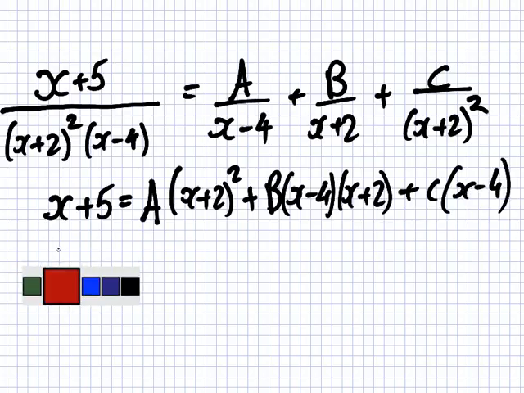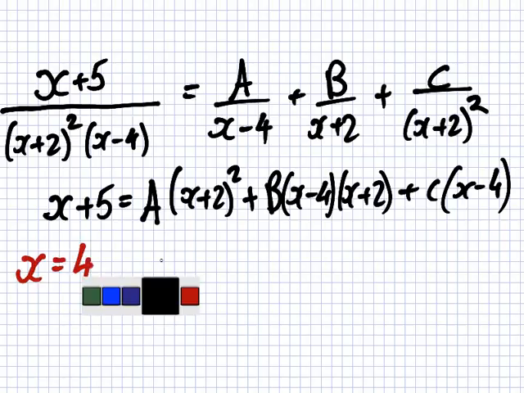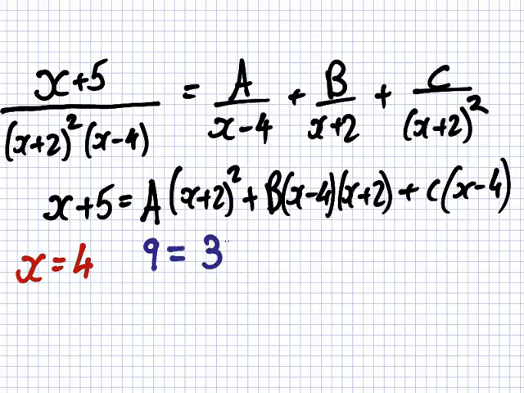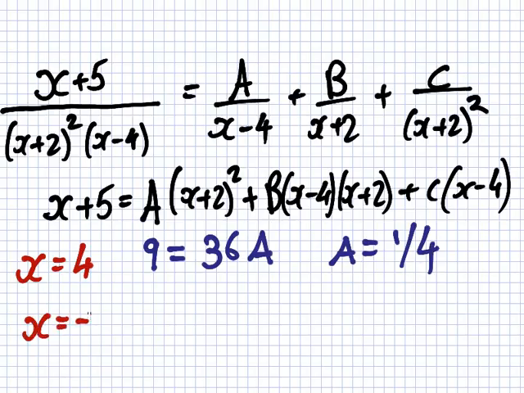Right, if I want A, I should make x equal to 4. So that gives me 9 equals 36A. Ugly. So A is 9 over 36, which is 1 over 4. Okay, what should I do next for x? Minus 2.